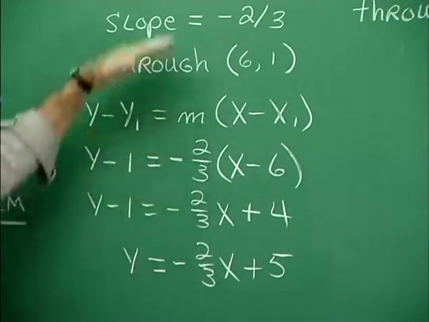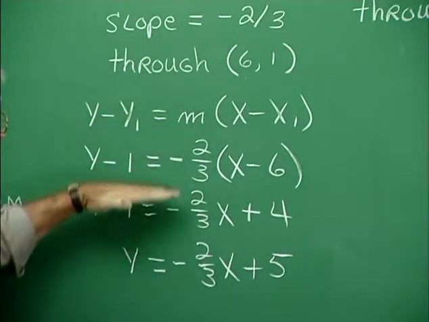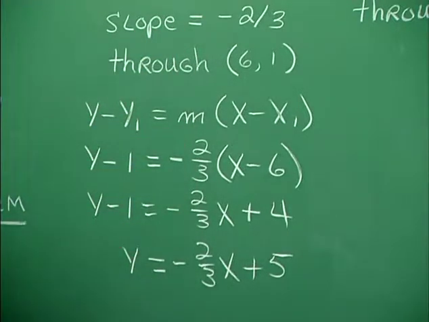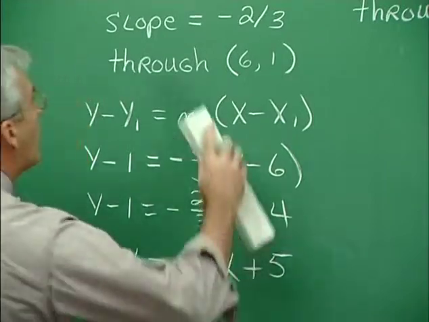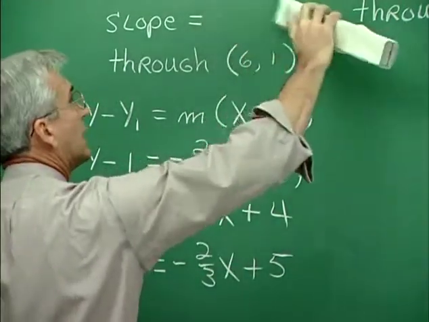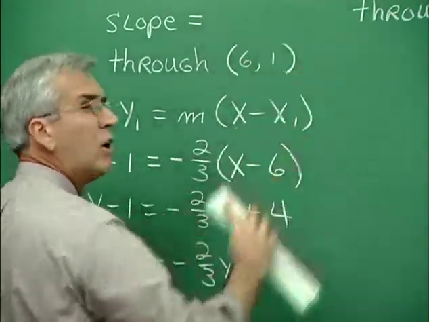Now this process of discovering the equation has a nuance or two associated with it. And those nuances involve generally the changing of the slope.